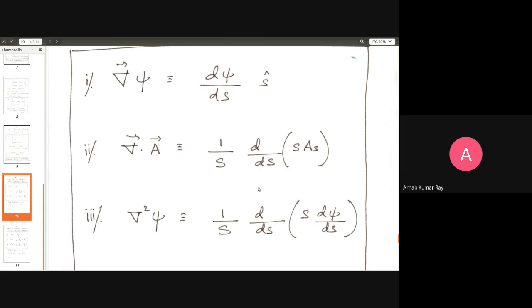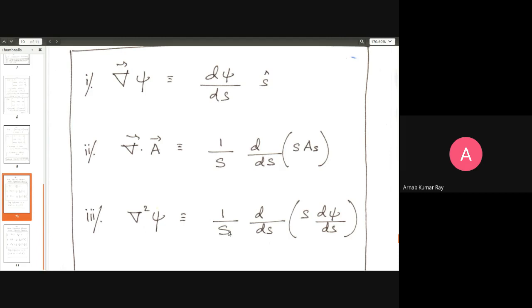So divergence of A will be d/dx of A_x, and the Laplacian of psi will be d2 psi/dx squared, because x raised to 0 gives you 1 in both cases.